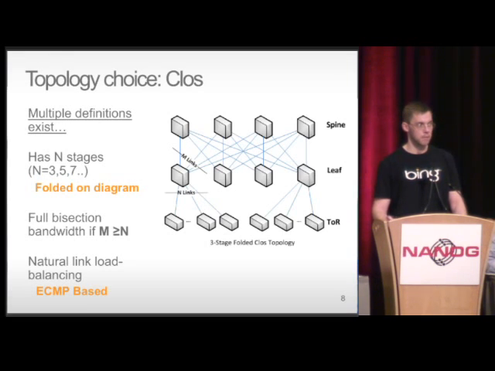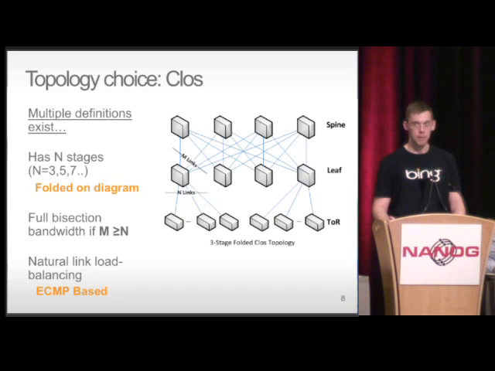The Clos may have multiple stages. Normally it has 3 stages, but you can actually grow the topology and have 5, 7, and more stages. The only problem is that as you grow the Clos topology, you also increase the complexity of the link structure.